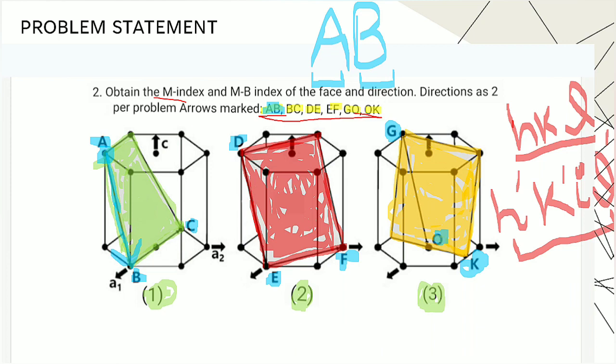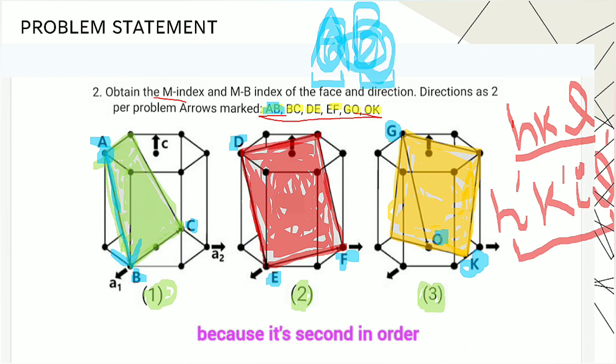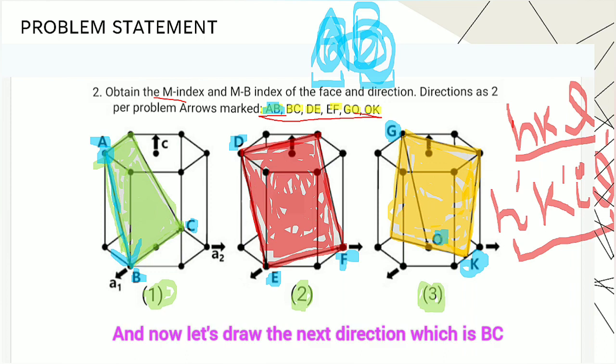Tail will be at A because it's first in order, and head will be at B because it's second in order.